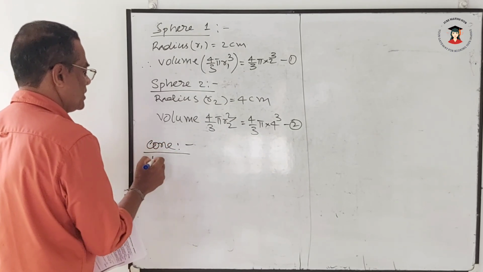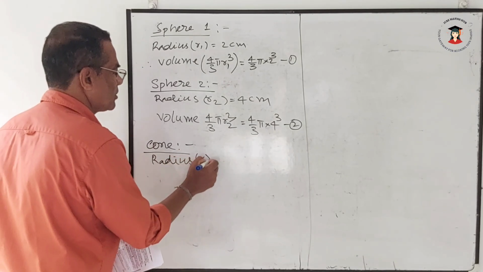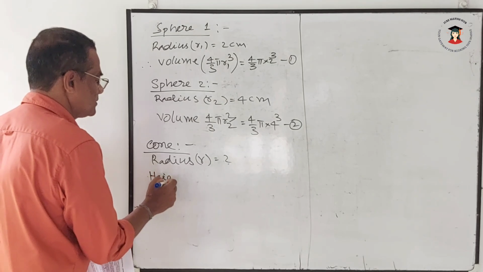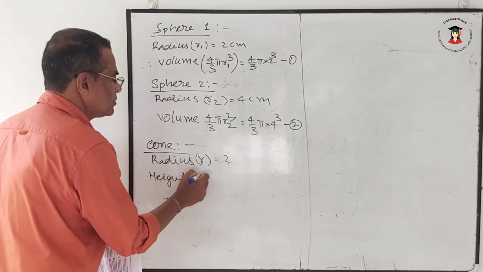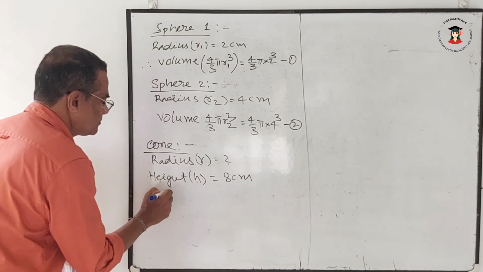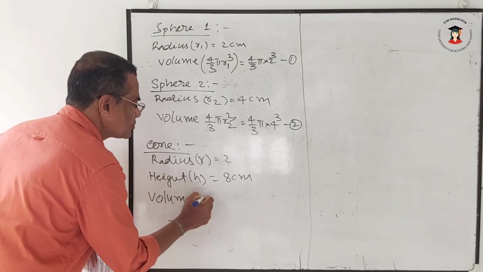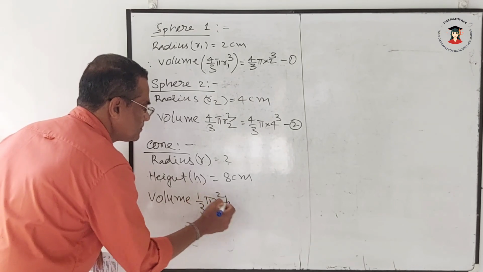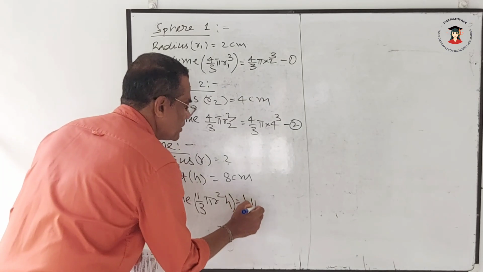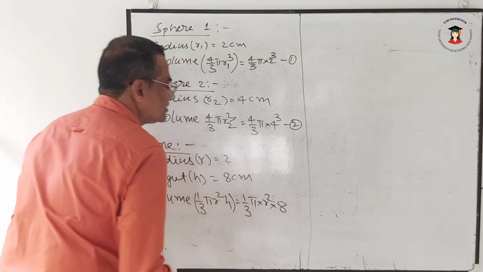Then comes the cone. Radius R to be found out, and height H is equal to 8 centimeter. Therefore its volume is 1 by 3 pi R square H, equal to 1 by 3 pi into R square into 8.